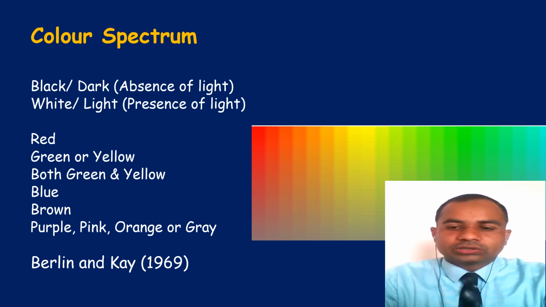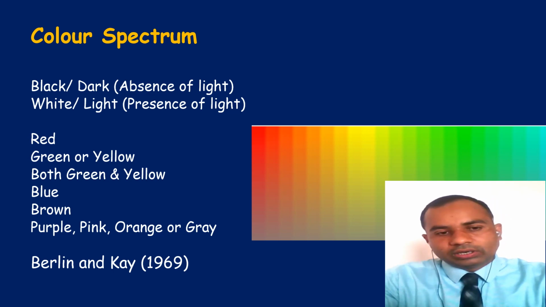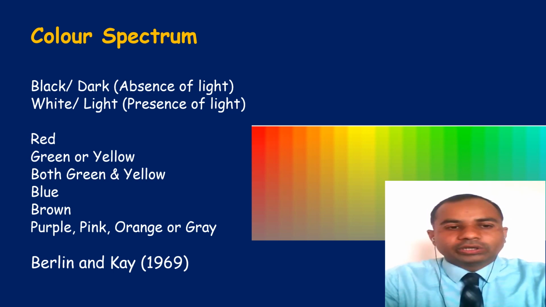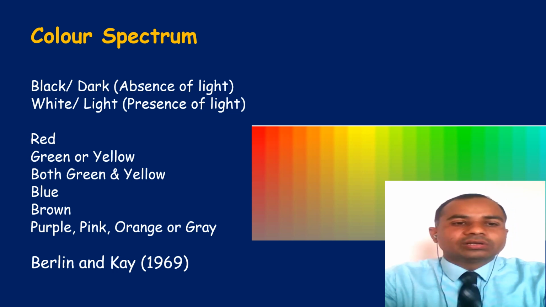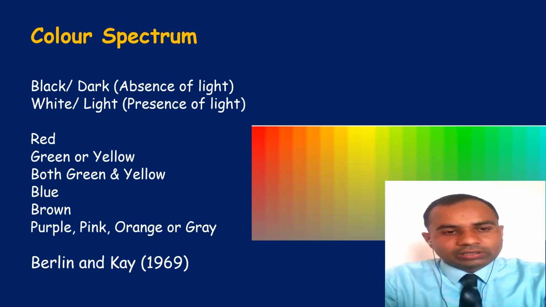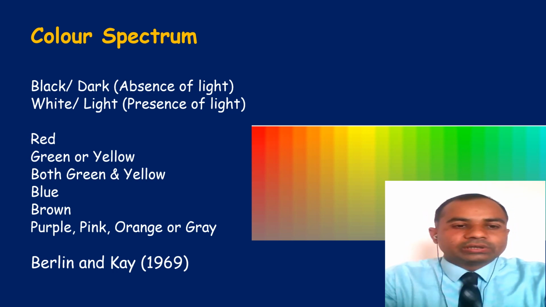They have studied and revealed that we also learn colors in this way. First of all, we have a clear understanding of black and white, then comes red, then green or yellow, and then blue, brown, and then some other kinds of colors.